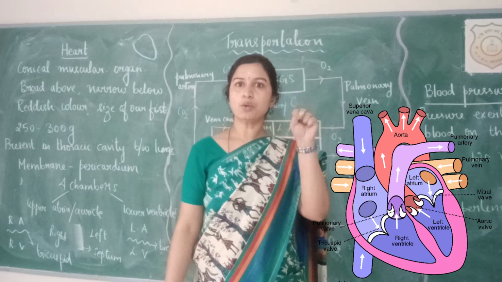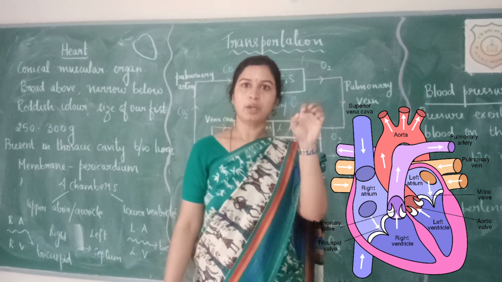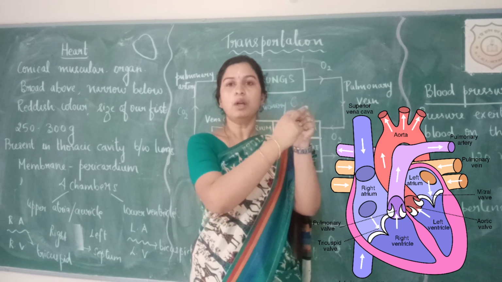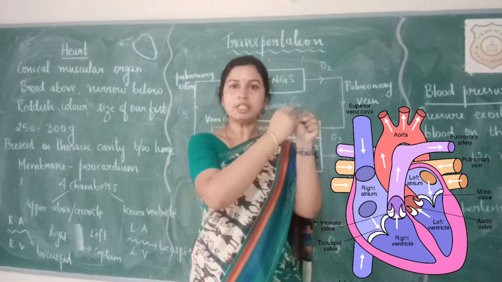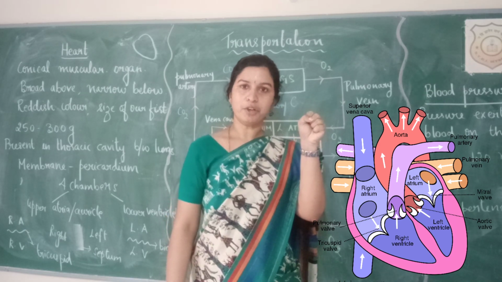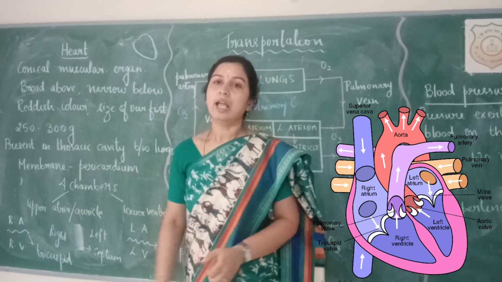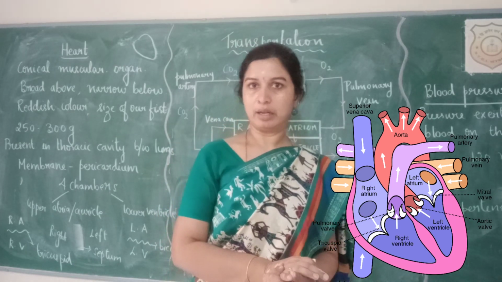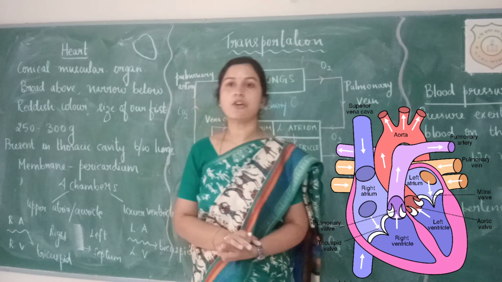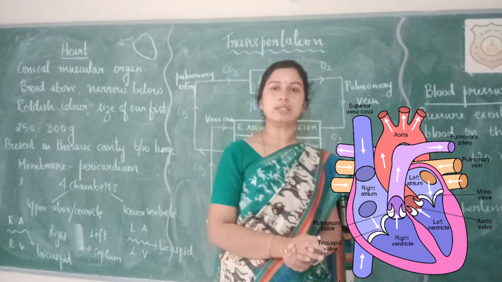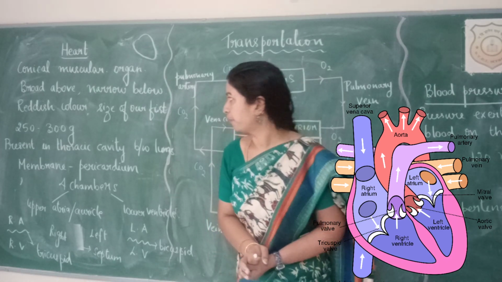When you just close your fingers, you can see this size, no? So the size of your fist is the same as the size of your heart. And our heart weighs around 250 to 300 grams. Usually in case of men, it is 300 grams and in case of women, it is around 250 grams.